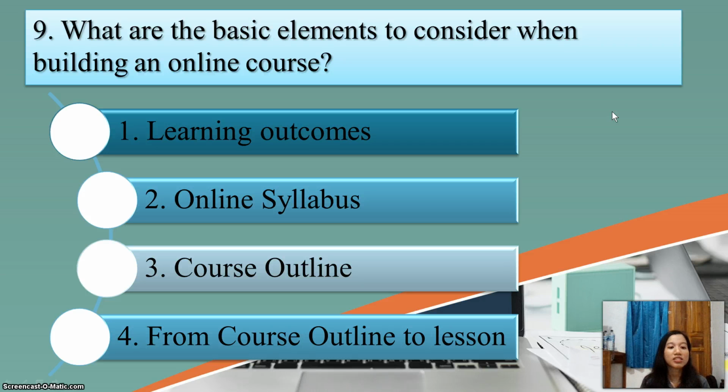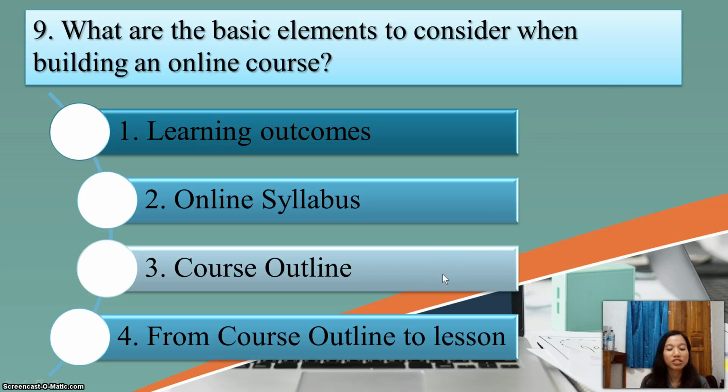Learning outcome is the goal of the learning that students expect to achieve. And the second one is the online syllabus. Online syllabus is the guideline for the teacher to teach the students. Online syllabus consists of course title, course name, course description, course objectives, evaluation plan, grading, required course, and so on.